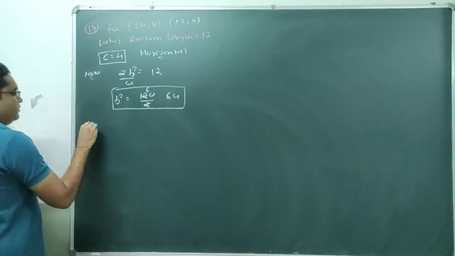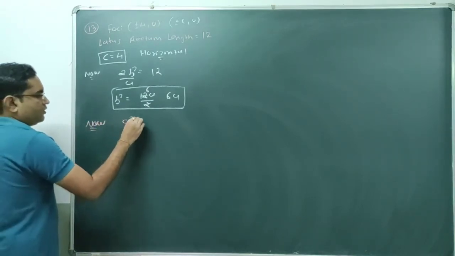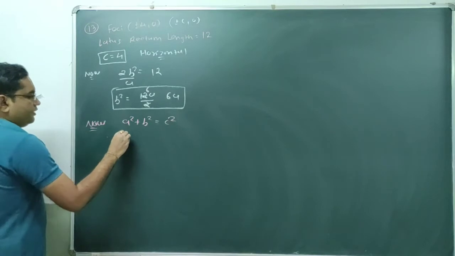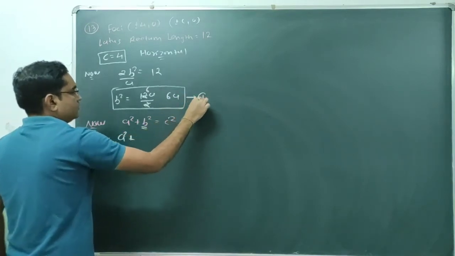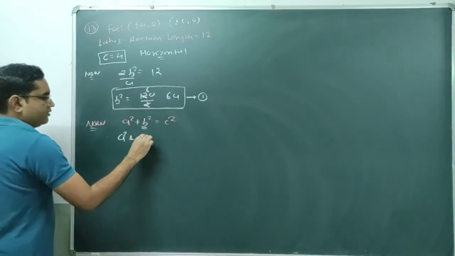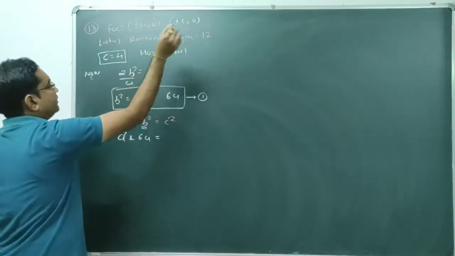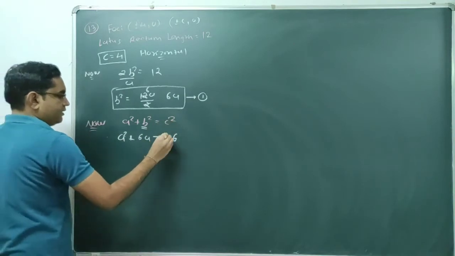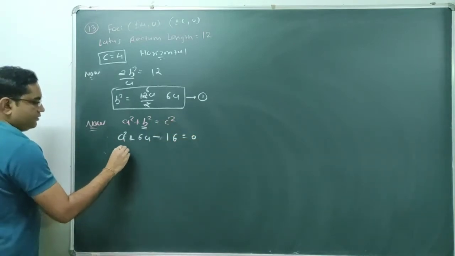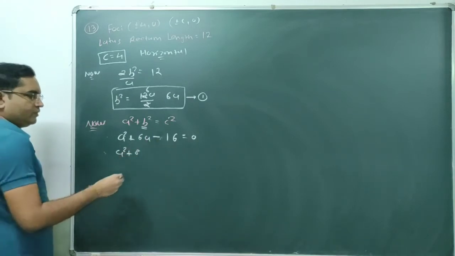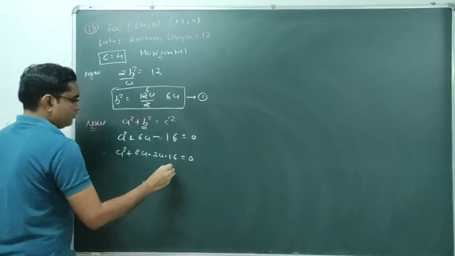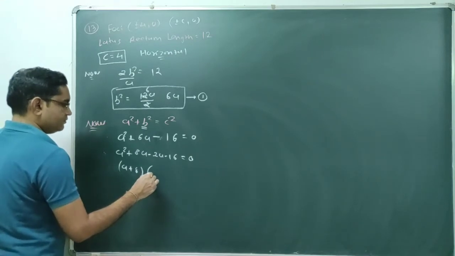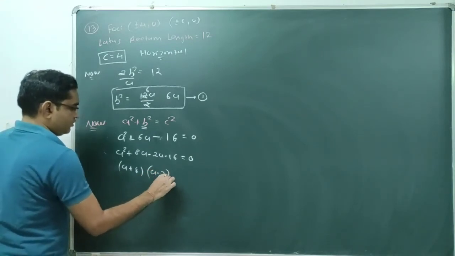So now next formula, a square plus b square equal to c square, therefore a square plus b square, है ना, from equation 1 b square equal to 6a, तो ये 6a, c square, c equal to 4 आ गया ये रहा, so c square is 16, है ना, so ये minus 16 equal to 0. So factorization, a square plus 8a minus 2a minus 16 equal to 0, so it's a plus 8, दूसरा होगा a minus 2 equal to 0.